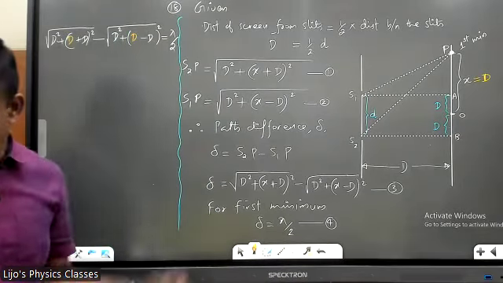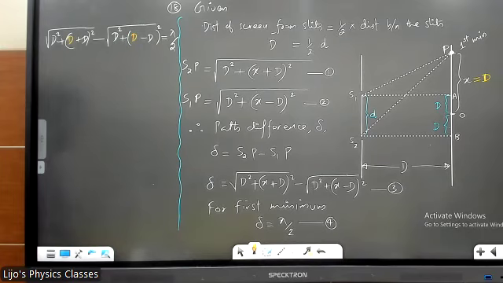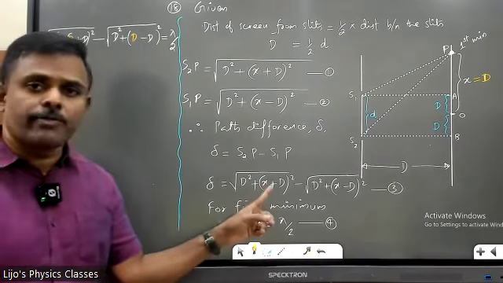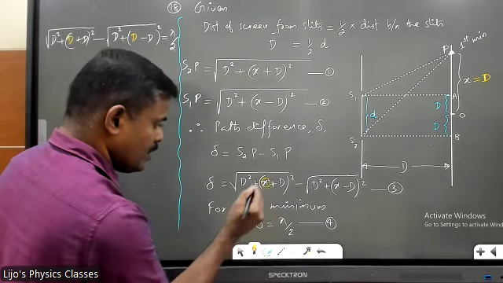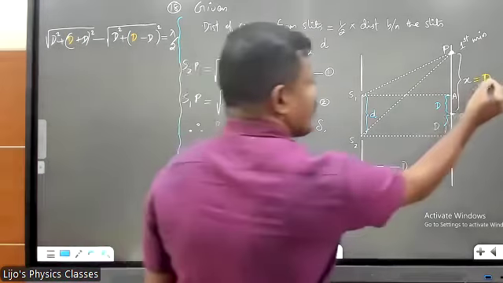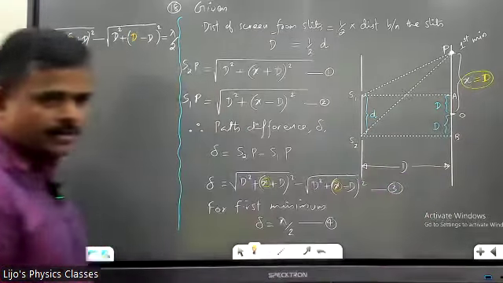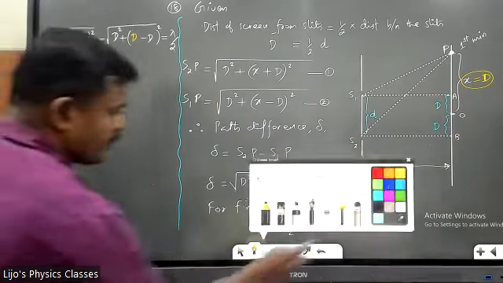You understand? I just substituted for x in this equation. Look at the yellow one, x equal to d. Finish it off now.